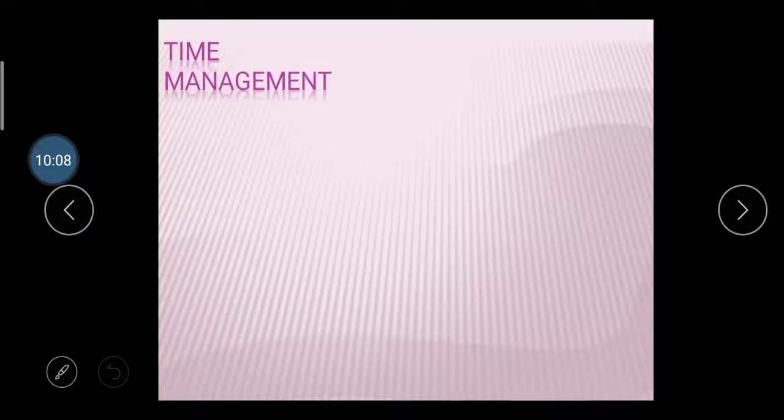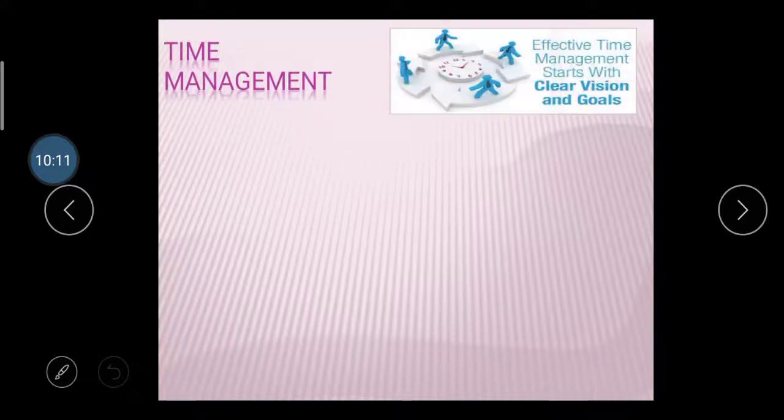The second topic is time management. Starting with your routine life, as a student, whenever you study, time management is very necessary, from your student life to your organization, as an employee or as an employer.